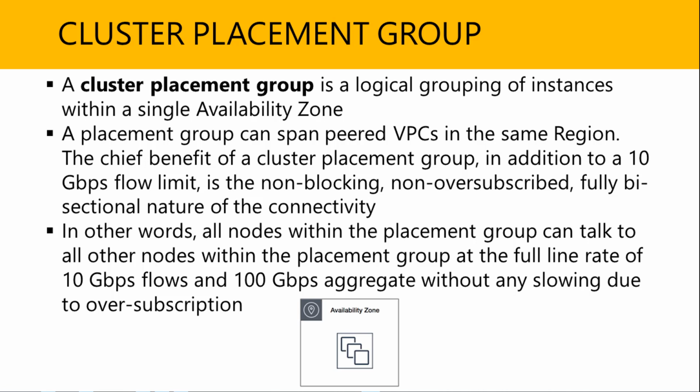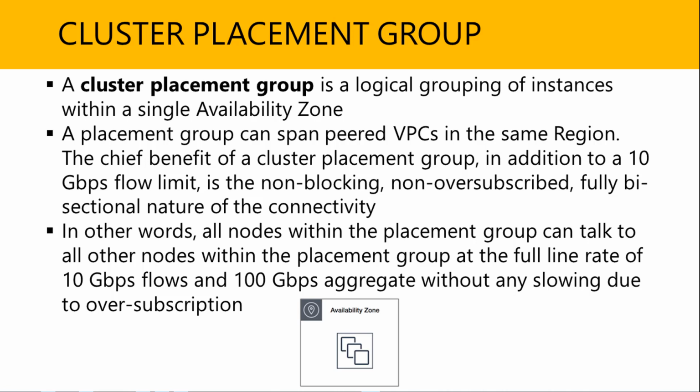The cluster placement group is simply, once again, a logical grouping of your EC2 instances within a single availability zone. And this can span peered VPCs within the same region, right? The real benefit of the cluster placement group is that in addition to the 10 gigabit flow limit, the real benefit is the non-blocking, non-oversubscribed, and fully bisectional nature of connectivity.